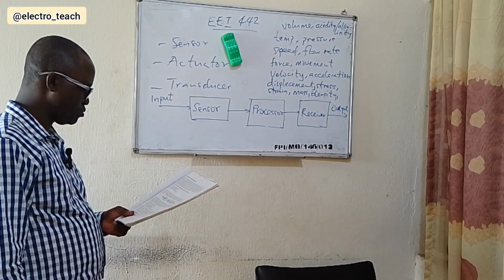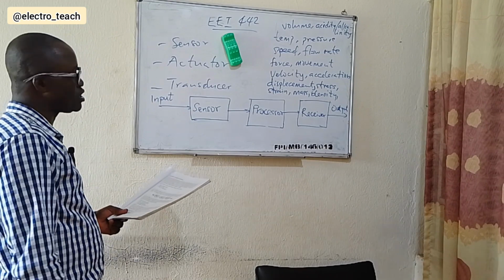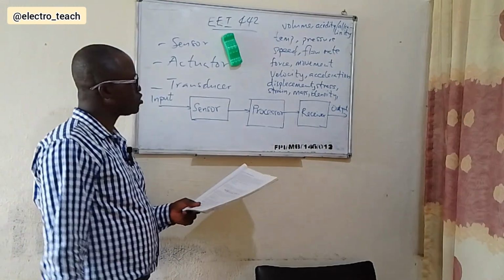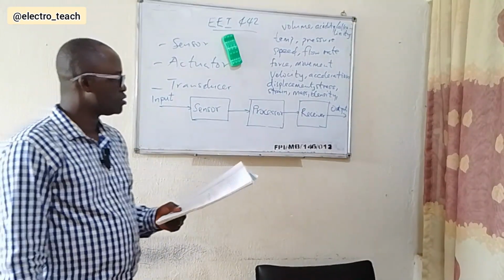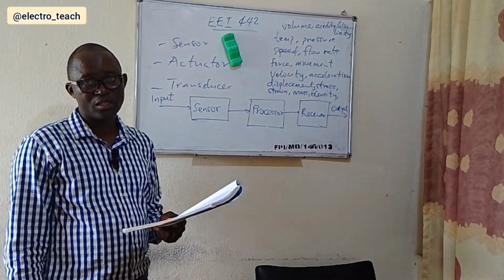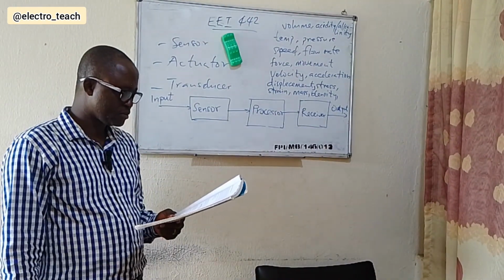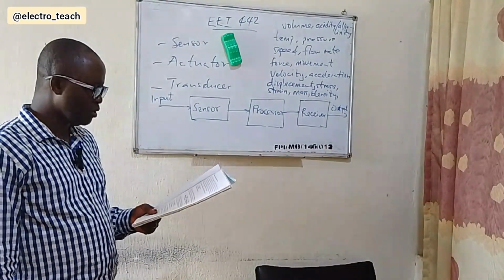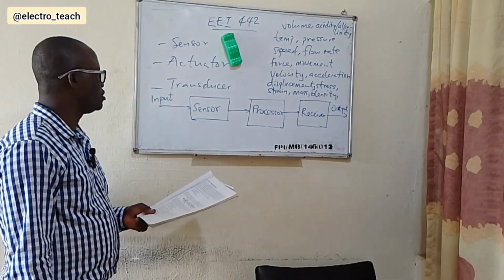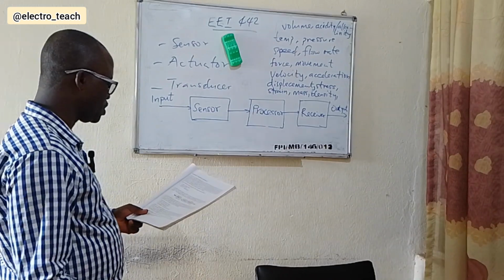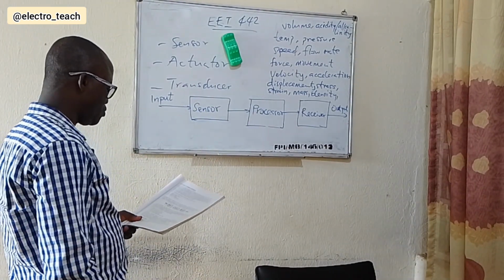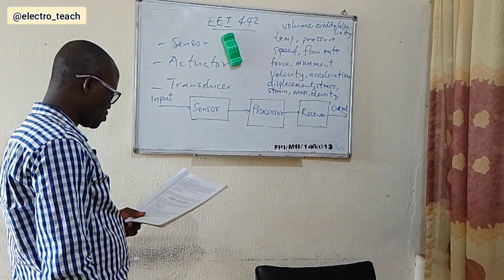The level in a storage tank, such as empty or full, can be detected by a level switch. Hot or cold of a particular body can be detected by a thermostat. Pressure, whether high or low, can be detected by a pressure switch. So all those switches can serve as a sensor, the input device sensor.